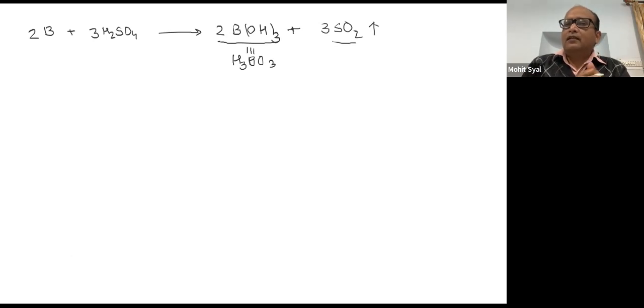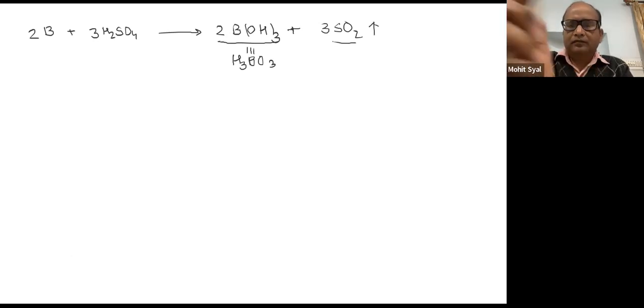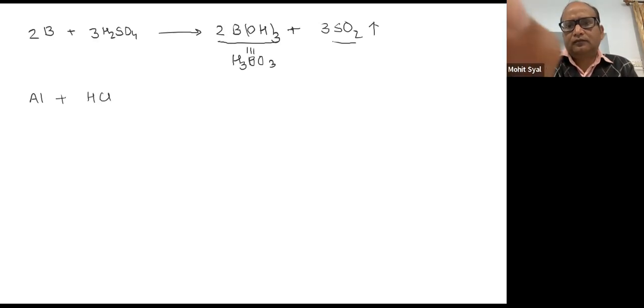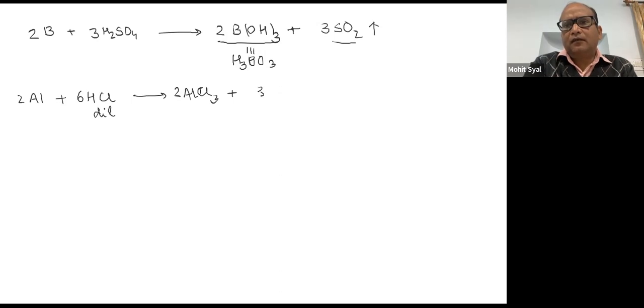Now the next thing is aluminium. Aluminium can also react with acids like HCl. With dilute acids, it can react very quickly. It forms AlCl3 and gives off hydrogen.